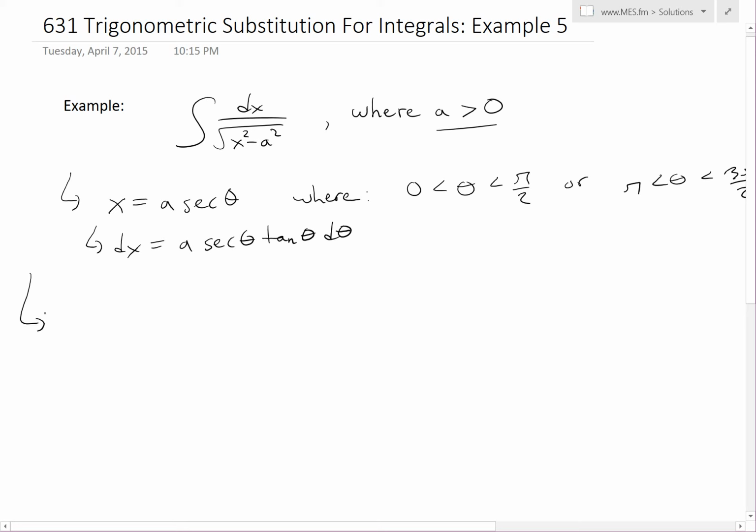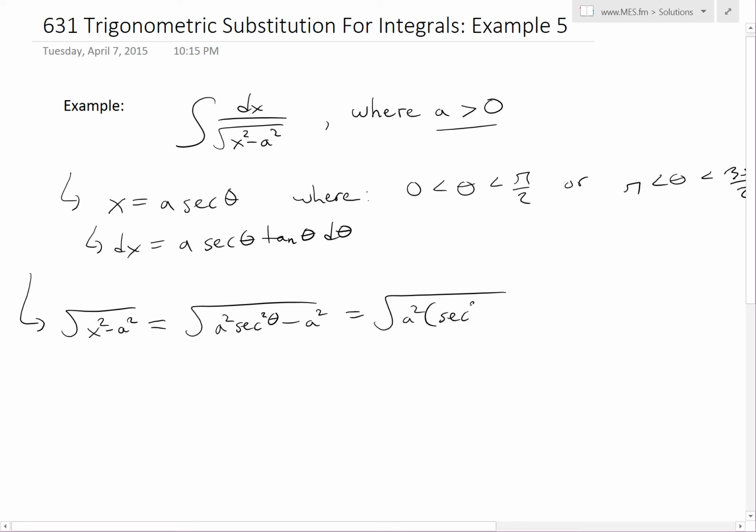So now what we could do is try to simplify this expression. Basically x squared minus a squared, when we plug in the x, we get a squared secant squared theta minus a squared. Now if we take the a squared out, we get a squared times secant squared theta minus 1.